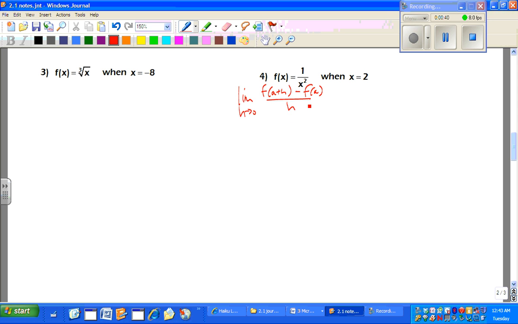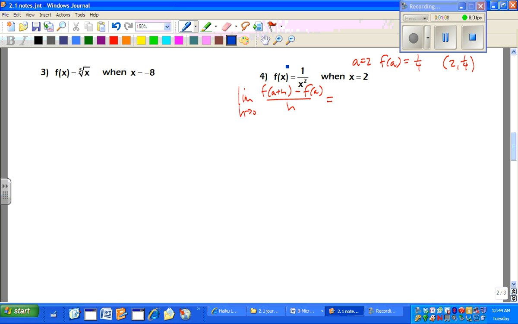In this case, our a value is 2. f of a is what we get when we put 2 into the function, so it's f of 2, which is 1 over 2 squared, or 1/4. Remember, that also helps us at the end of the problem because that's our ordered pair, the point on the curve where the tangent line goes through.